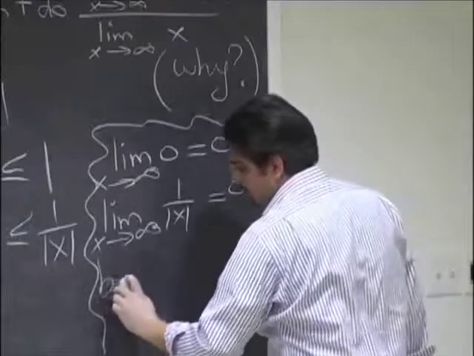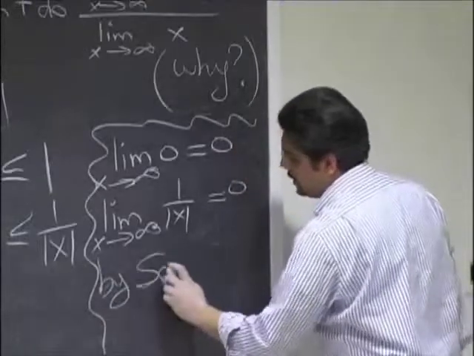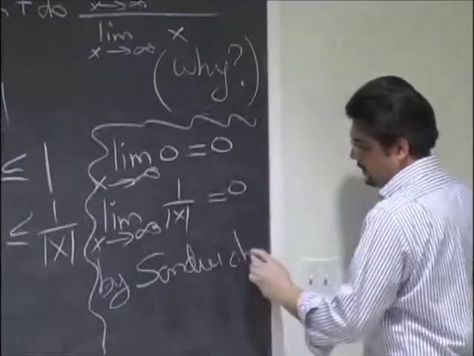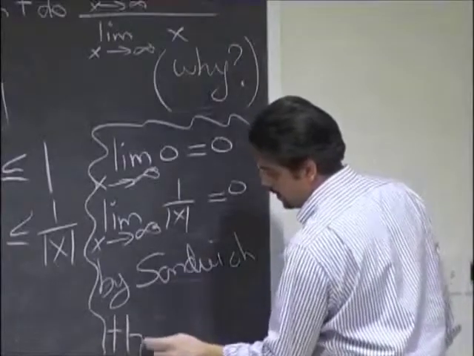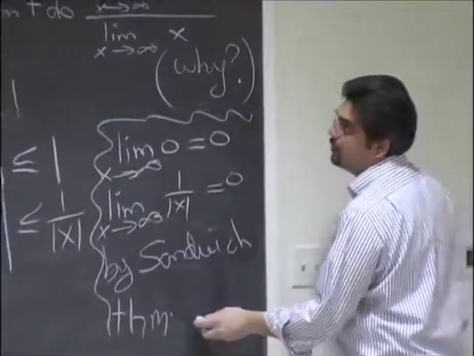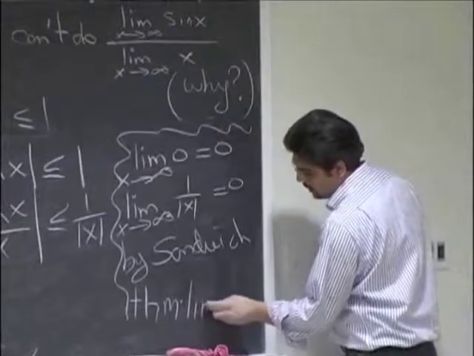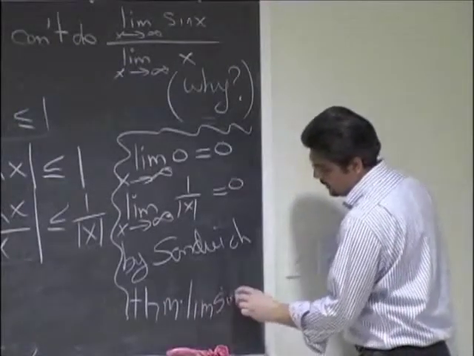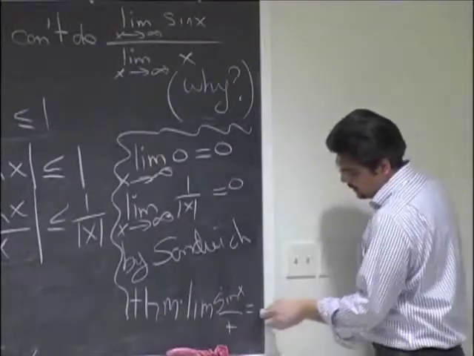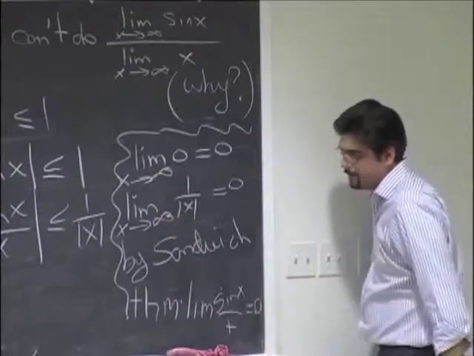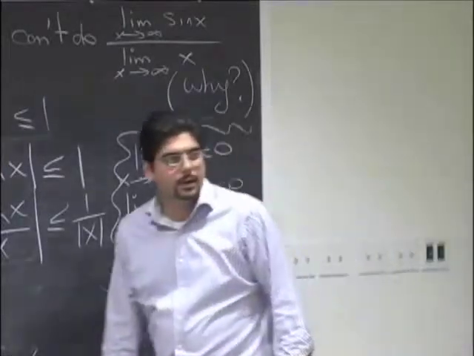By what theorem? By Sandwich theorem. By Sandwich theorem, the limit of sin x over x equals 0. Okay?